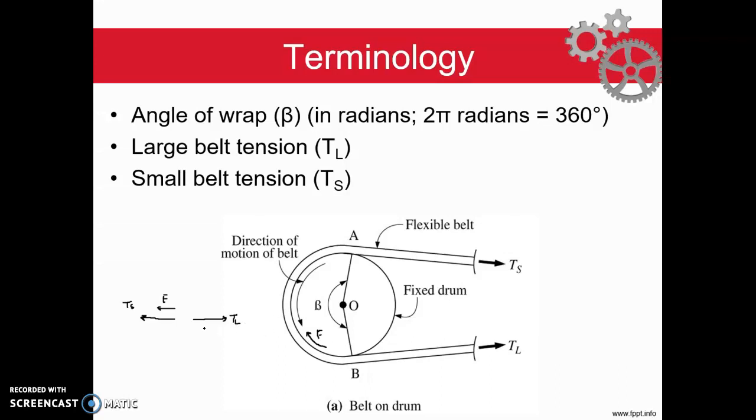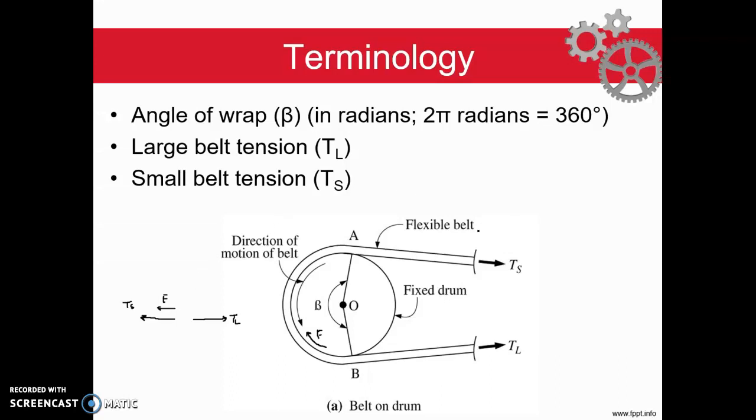So we still have equilibrium, everything is still canceling out, but because we introduce a third force of friction here, that makes these two tension forces unequal. So how do we calculate or relate these three forces together? The large tension, the small tension, and the friction force.